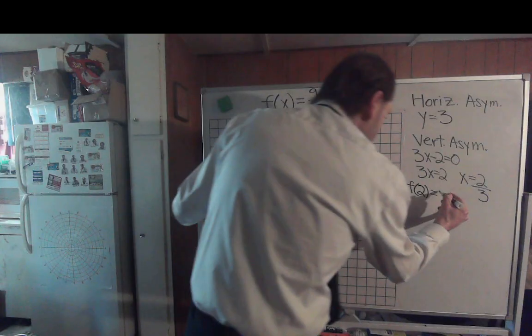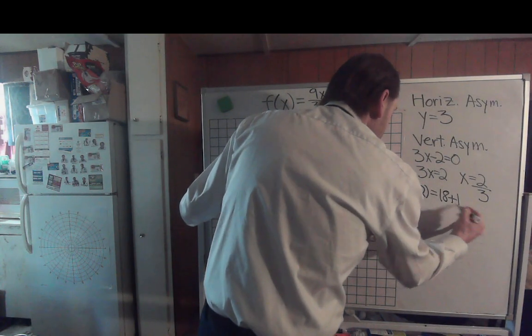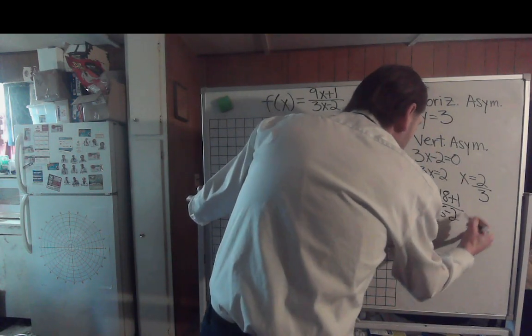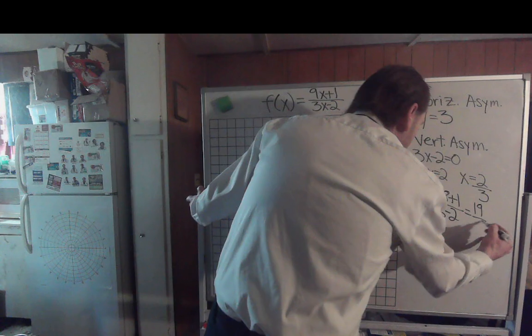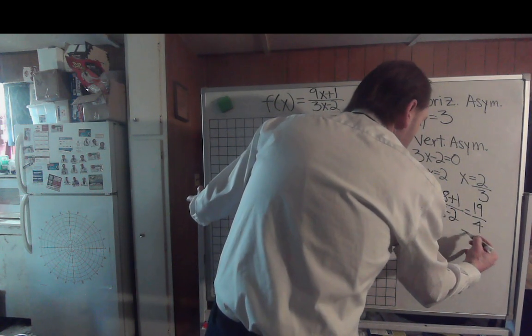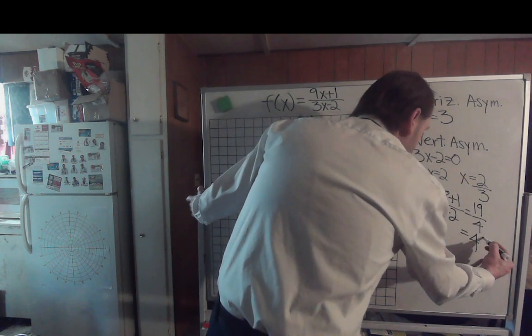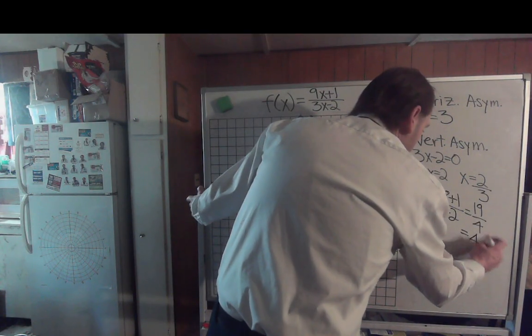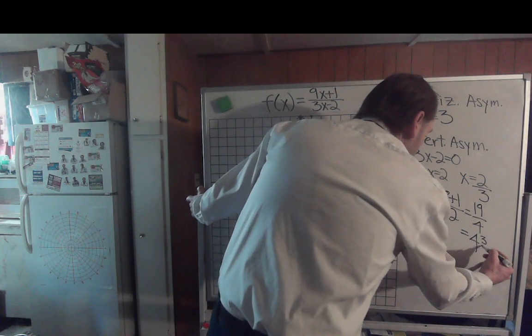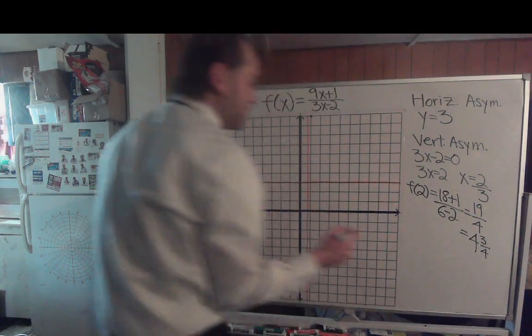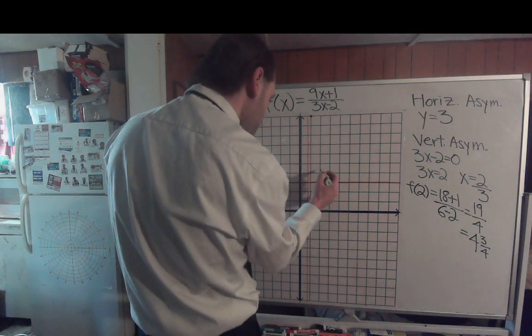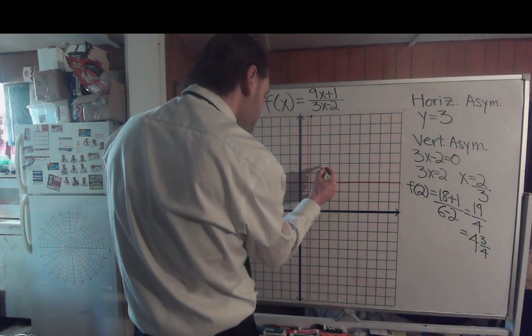That would give me 18 plus 1 divided by 6 minus 2, which would be 19 divided by 4, which would give me 4 3/4. I would be at 4 3/4 for 2, which would be about right there.